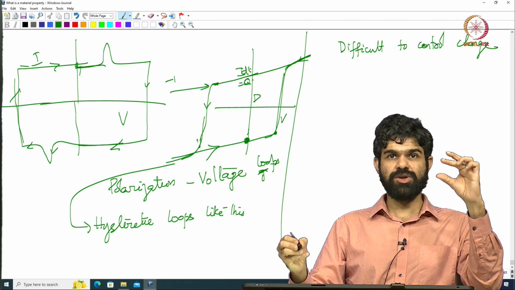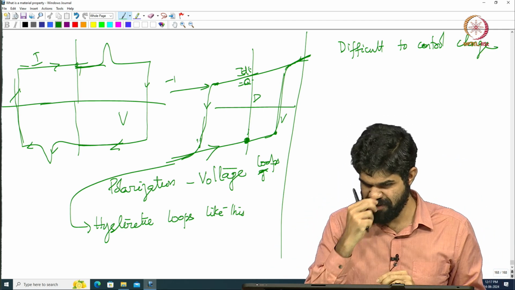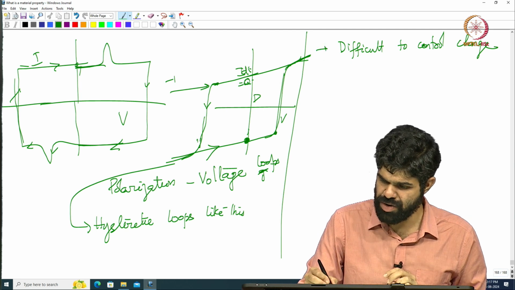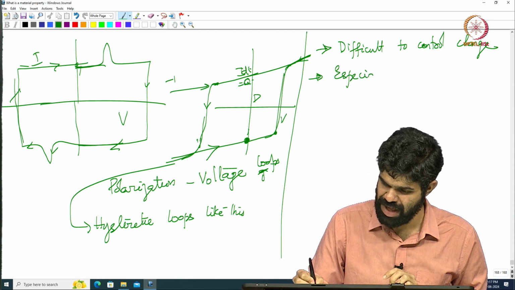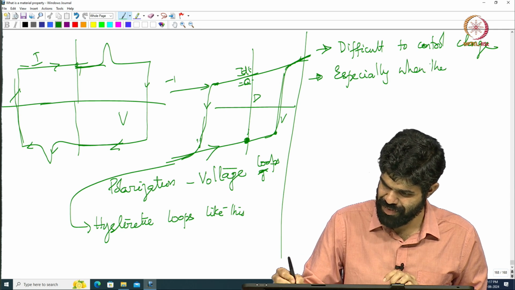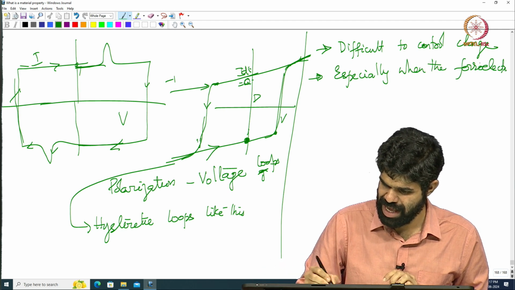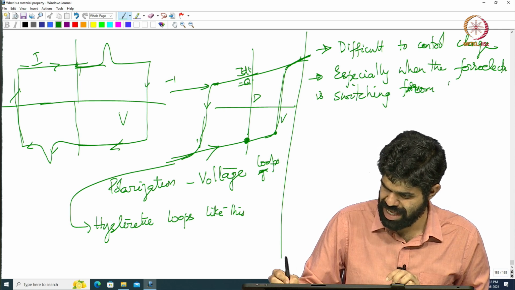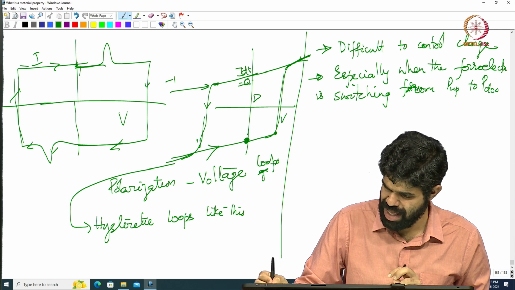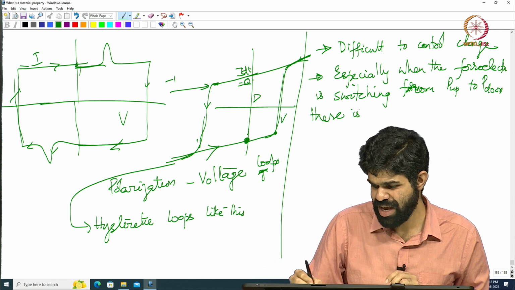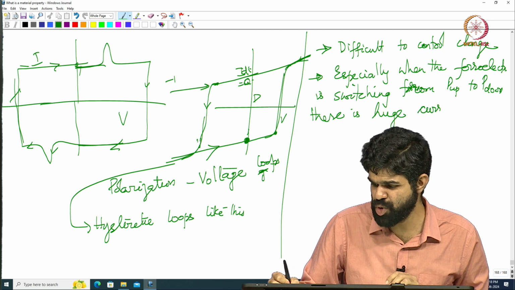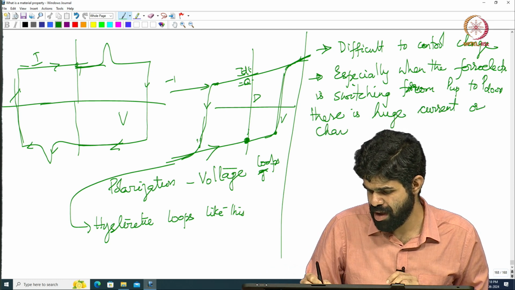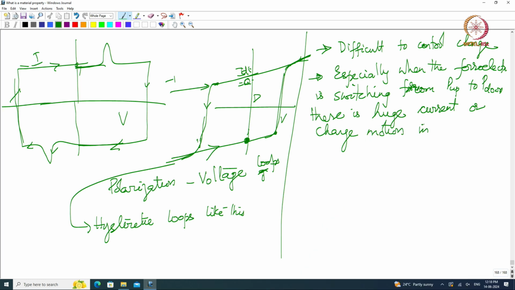I can control the field across the ferroelectric capacitor because I can apply a battery and control the field, but especially when the ferroelectric is switching from P up to P down, there is a huge current or charge motion in the material, and this is not something that you can control.